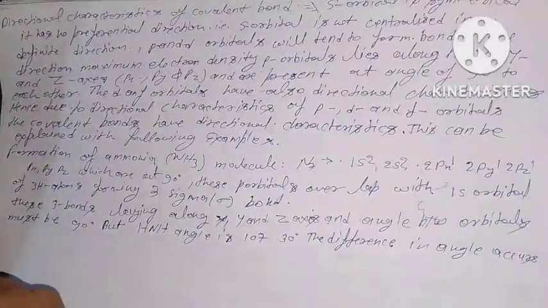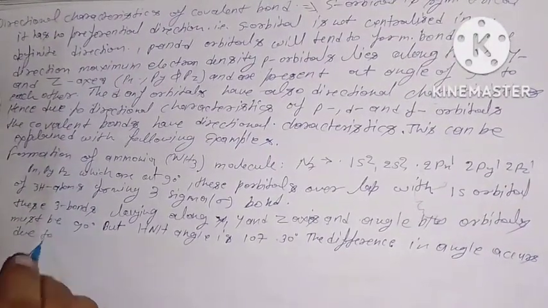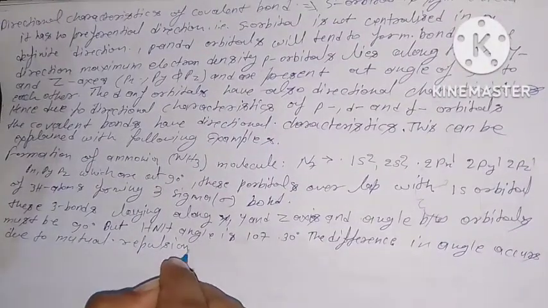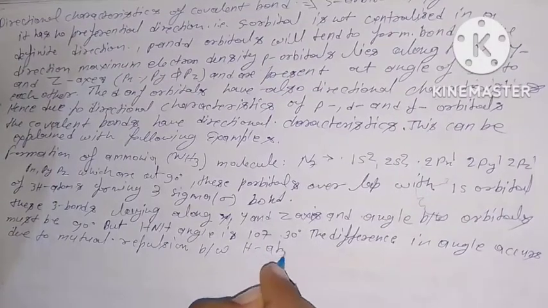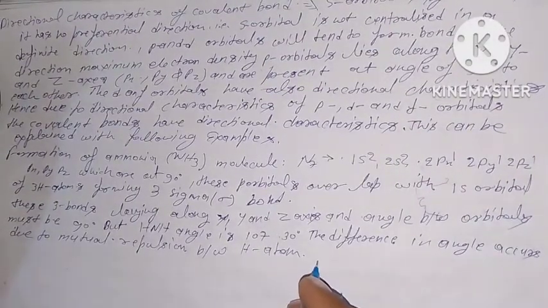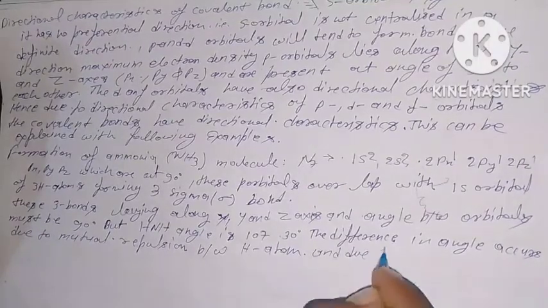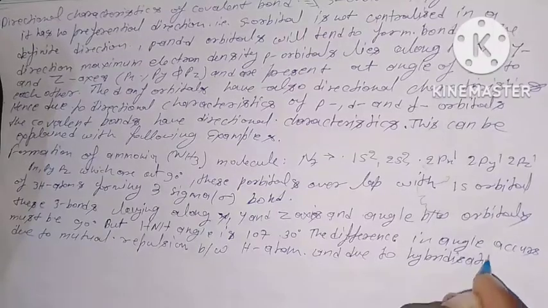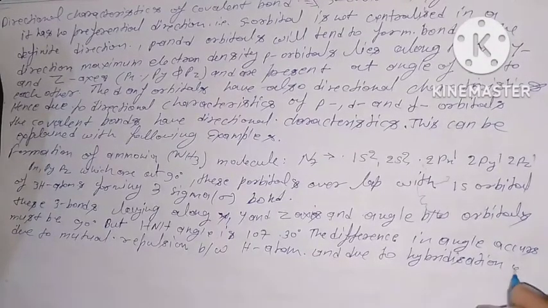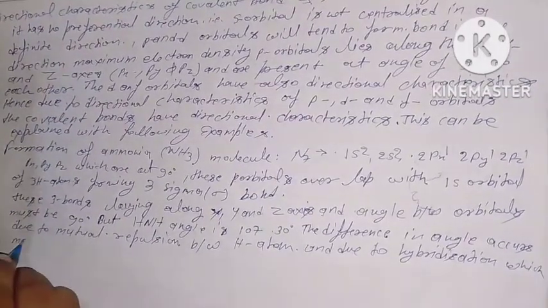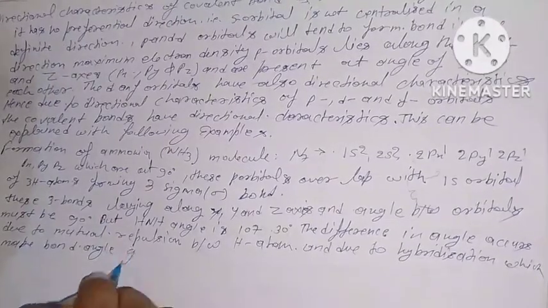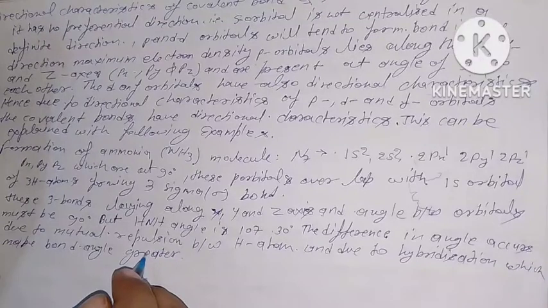The difference in angle occurs due to mutual repulsion between H atoms, and due to hybridization, which makes the bond angle greater.